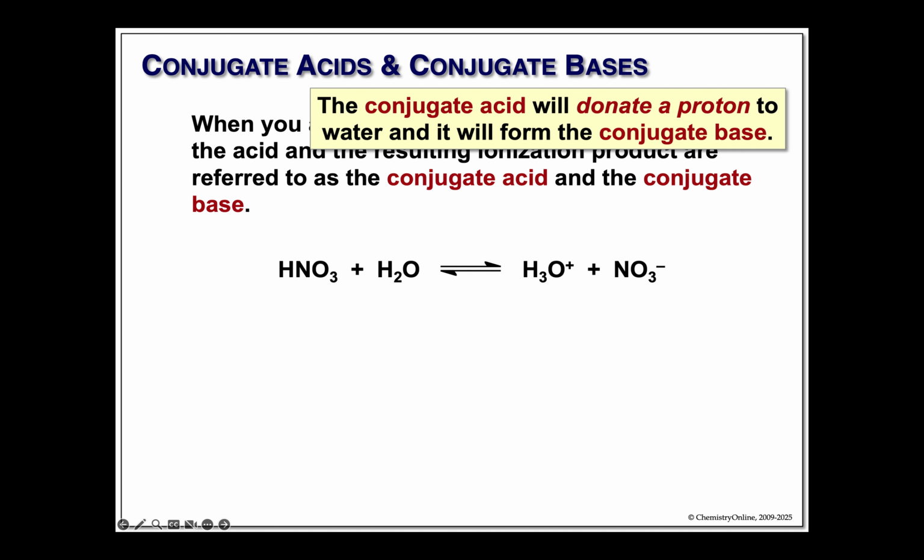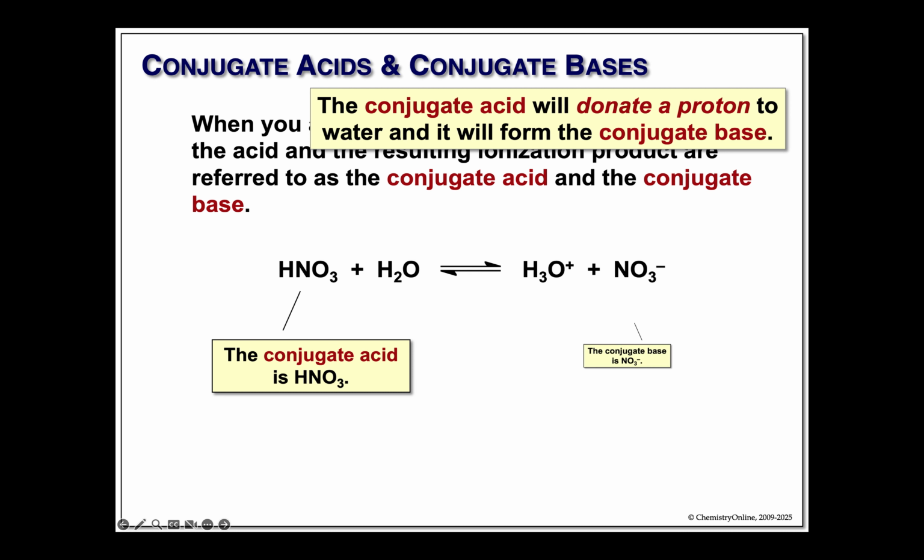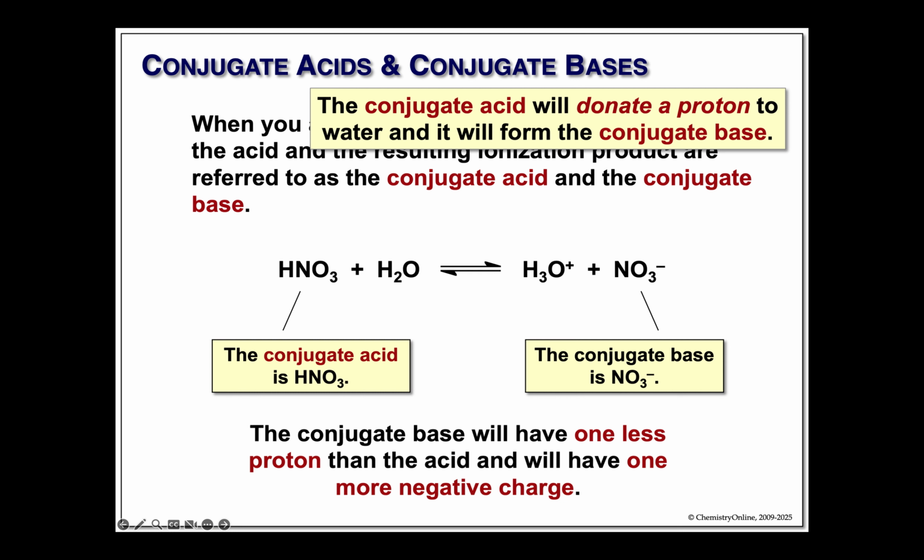But what's left over after it donates is the conjugate base. So the conjugate base of nitric acid is just nitrate. Take the proton off, give it a negative charge. Any questions?